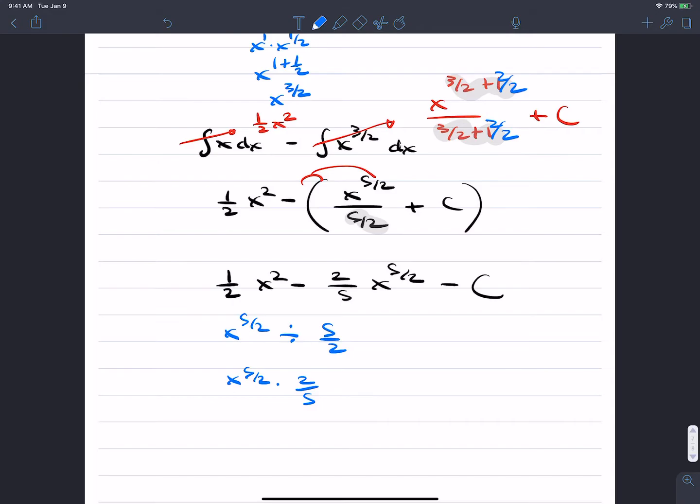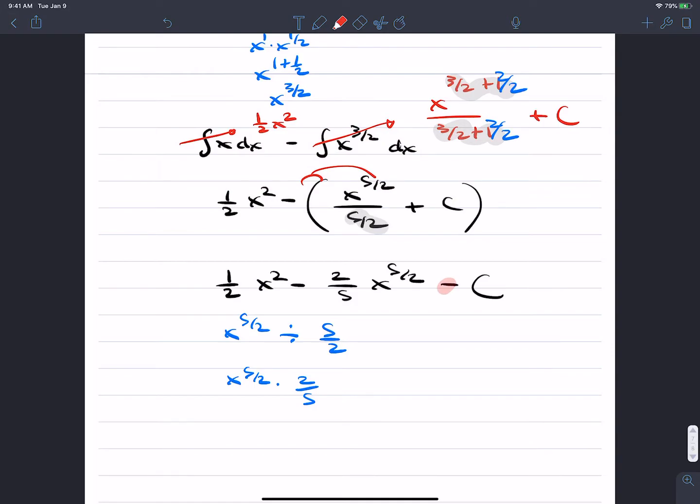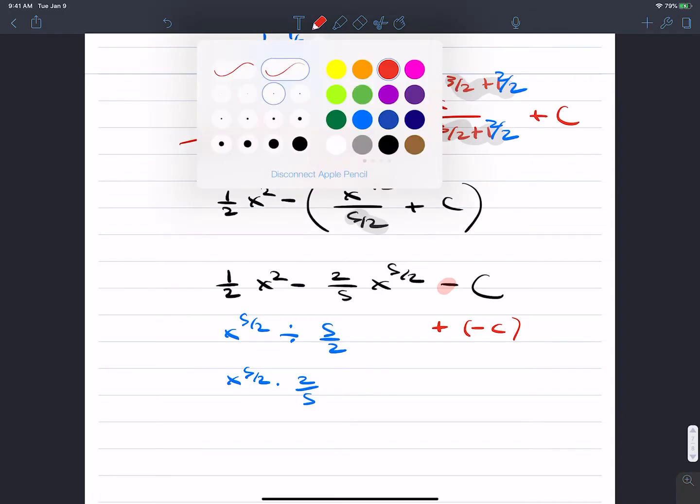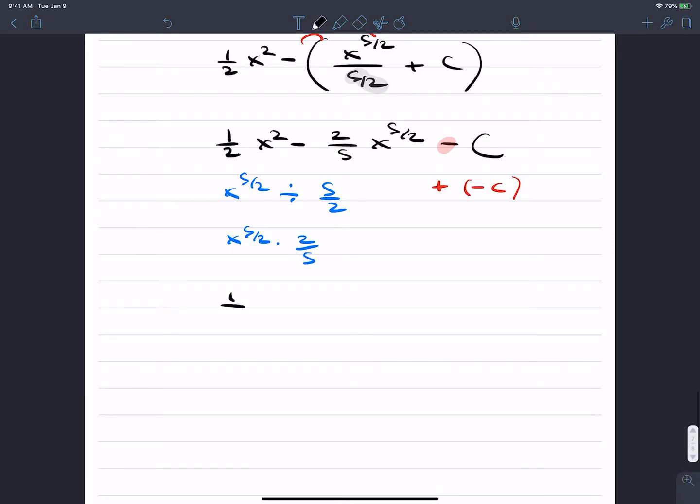So anyway, let me point out another detail. You also see minus c. We can write this as plus a minus c. Because if you're looking back at the book, here's your final answer. You'll see 1/2 x squared minus 2/5 x to the 5/2 plus c. And that confuses students.